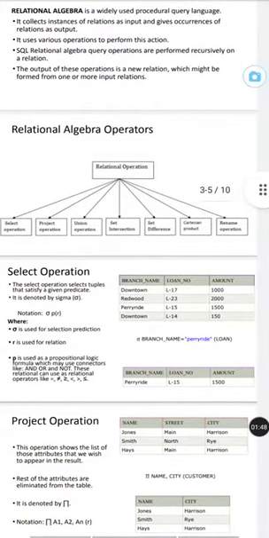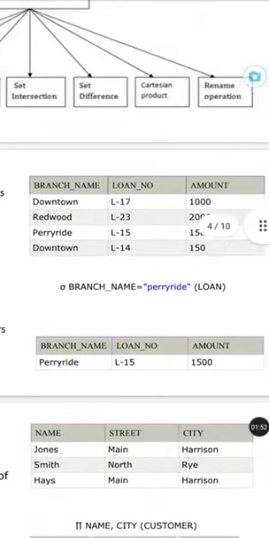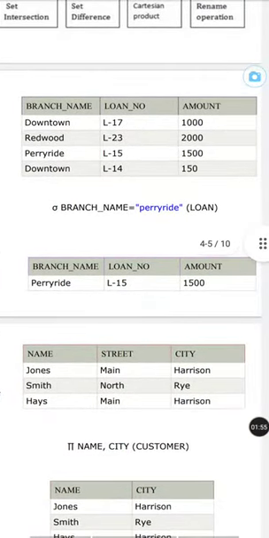So let's have an example here. See the table which is named loan. This table contains branch name, loan number, and amount. So these three attributes have a list of 4 tuples. According to the query, based on this select operator, we can define sigma branch name equals Perryridge of loan.